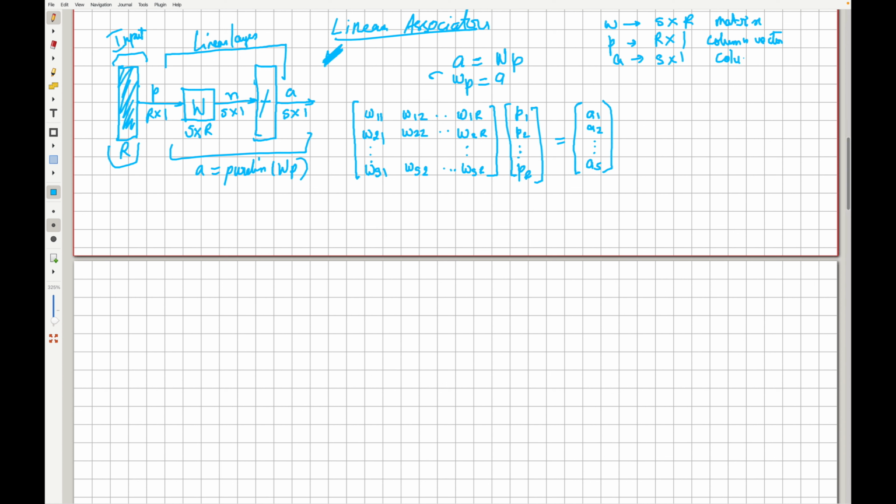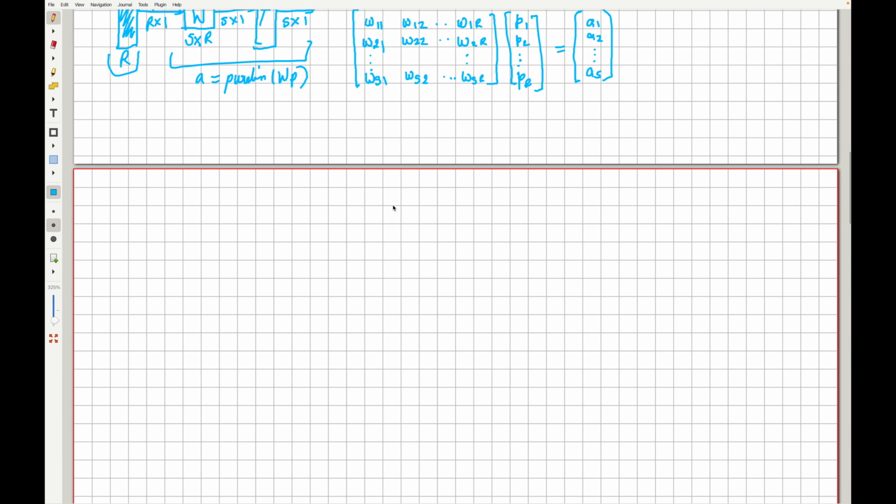So when we perform the dot product, what we get is W11 times P1 plus W12 times P2 plus all the way up to W1R times PR. That is equal to A1.